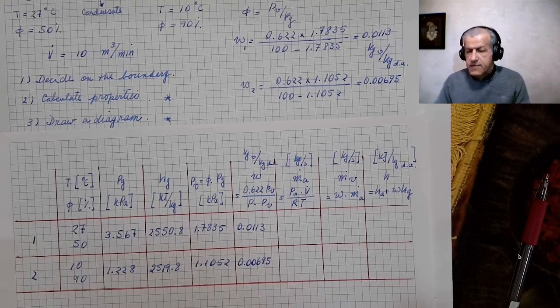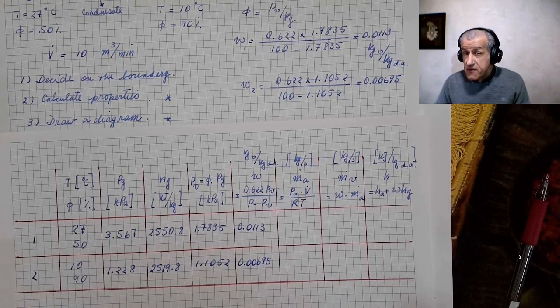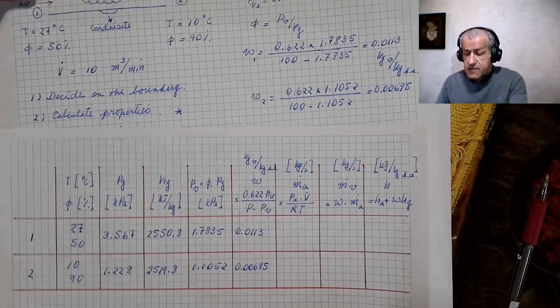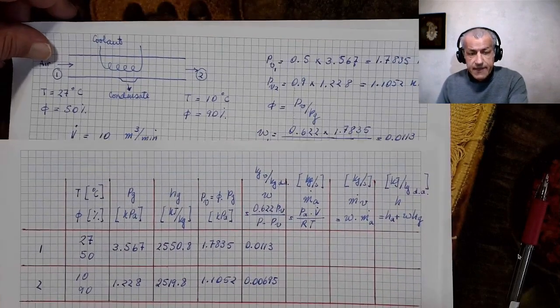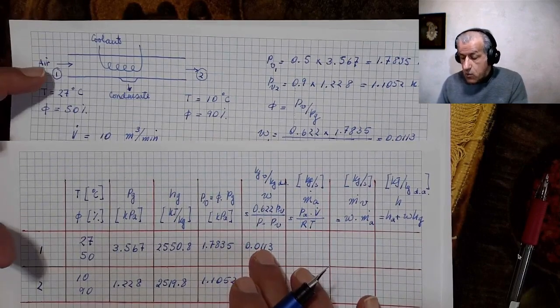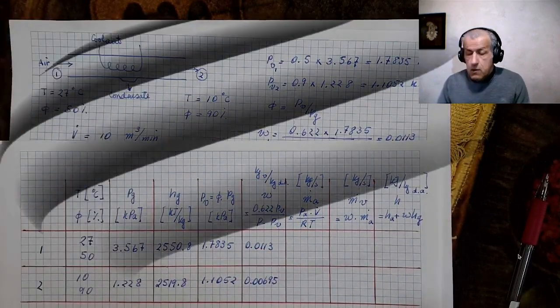This is the specific humidity of the mixture that we have. Now we have specific humidities for condition 1 and also for condition 2.